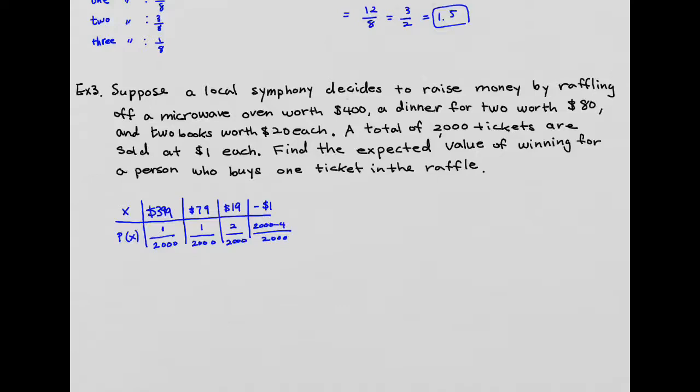Okay, so then if you want to write the expected value with this story, you're going to have making $399 with your probability, plus making $79 times your probability, plus making $19 with its probability, plus losing a dollar with its probability.